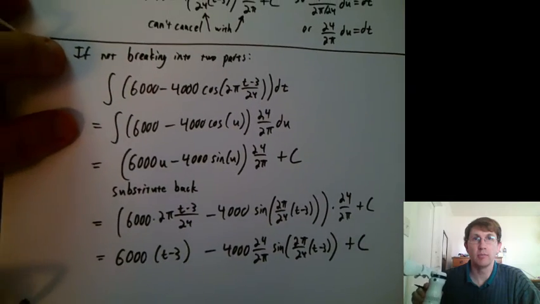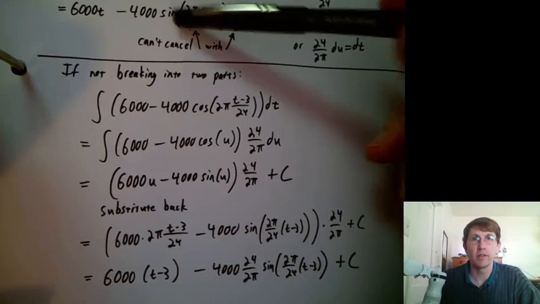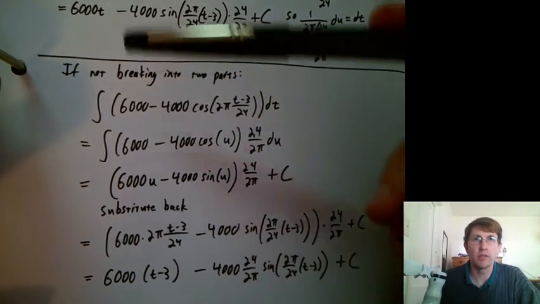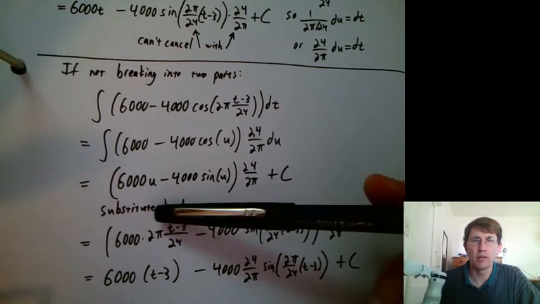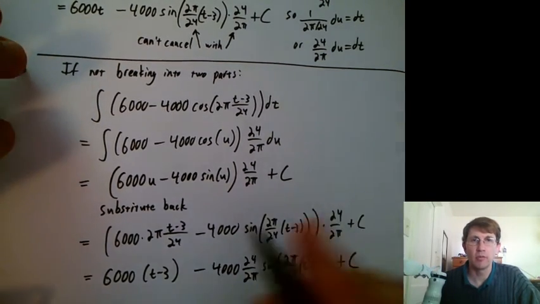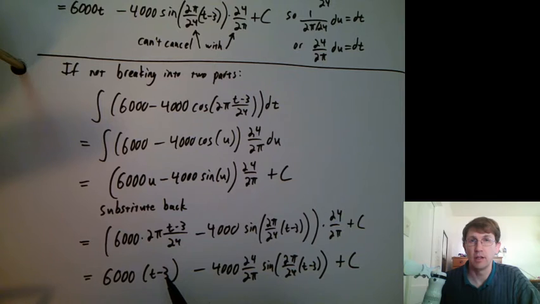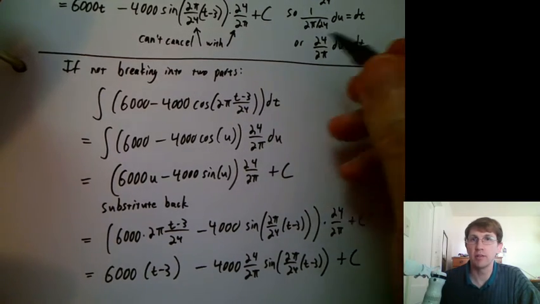Is it the same as what we got up here? Well, the second term is the same, but the first term looks different. How is it we got different answers when we did it one way versus the other? Well, what if I split out the 6,000 times negative 3? I get a constant, right? And that constant is actually different: we have a different plus c here than a plus c there.